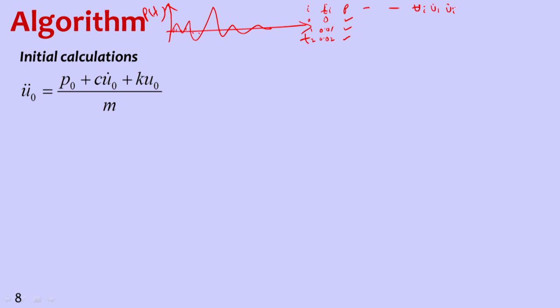Now, how do we go about the initial calculations? From the given system, we already know the P0 value, the damping value is given in the system, and the stiffness value is given in the system. Initial velocity we assume, initial displacement we assume, and we get the initial acceleration. From the initial acceleration we get the fictitious displacement term, u minus 1.